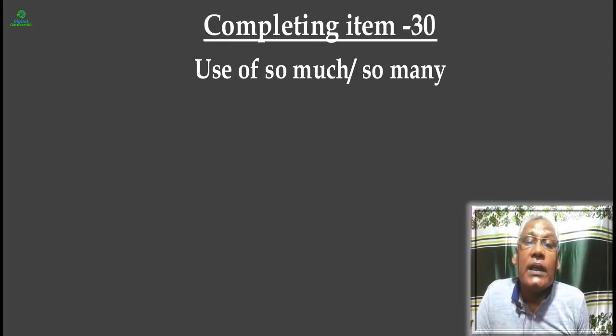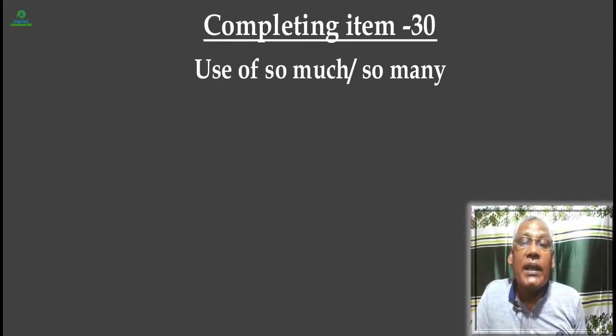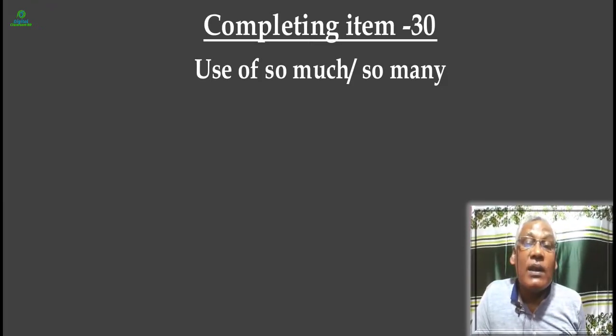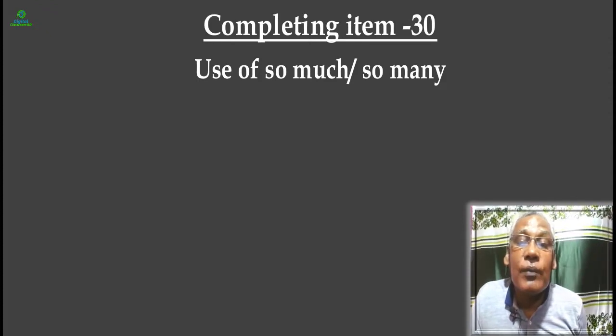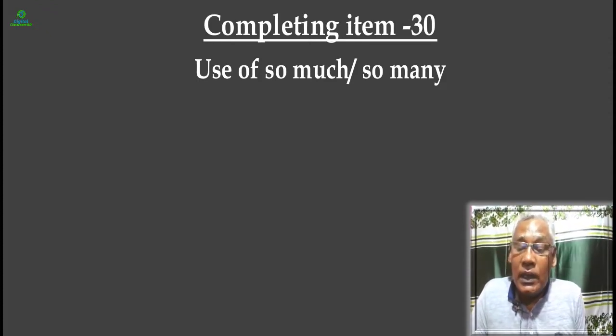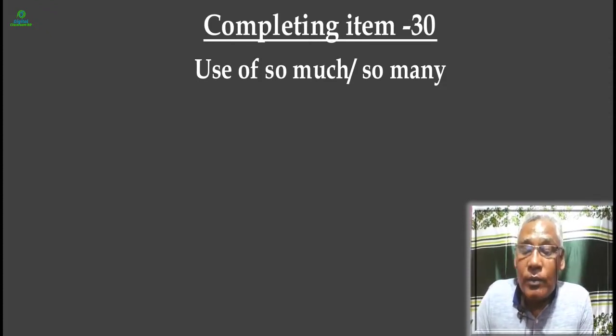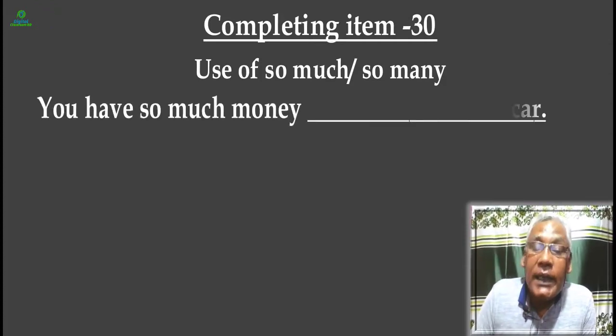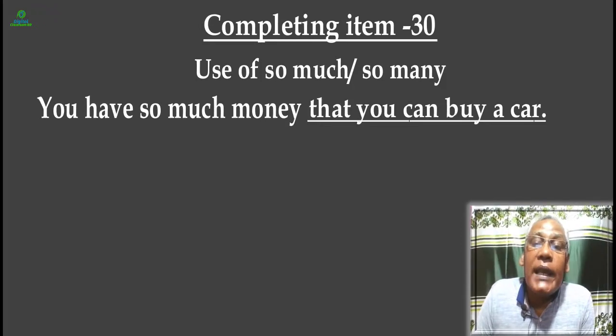I think you can guess the use of much and many. Much is usually used before uncountable noun and many is used before countable noun. It's clear to you. You have got the information before. So please, you have so much money that you can buy a car.